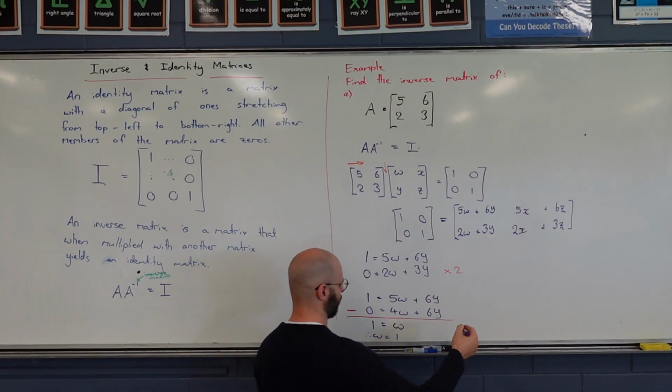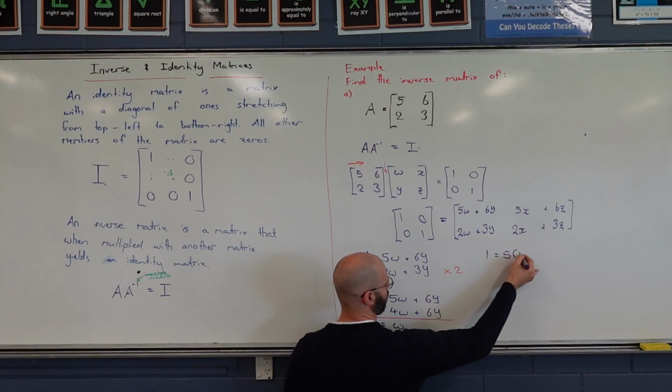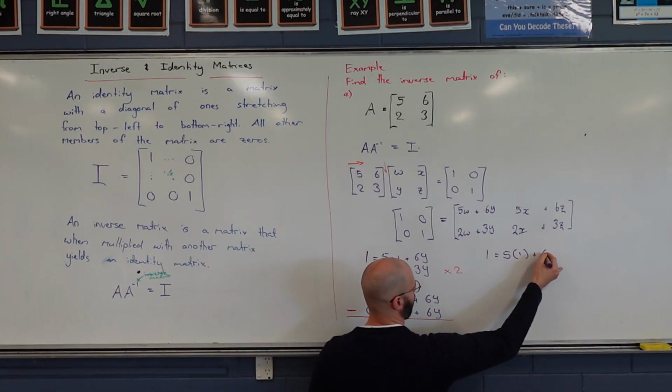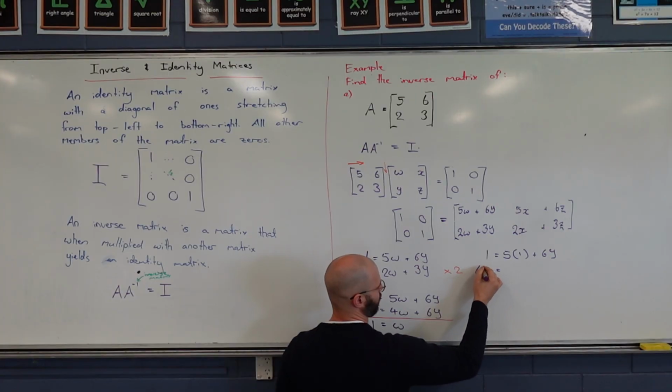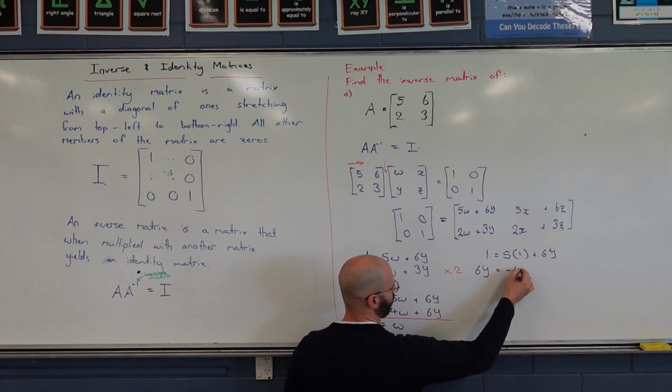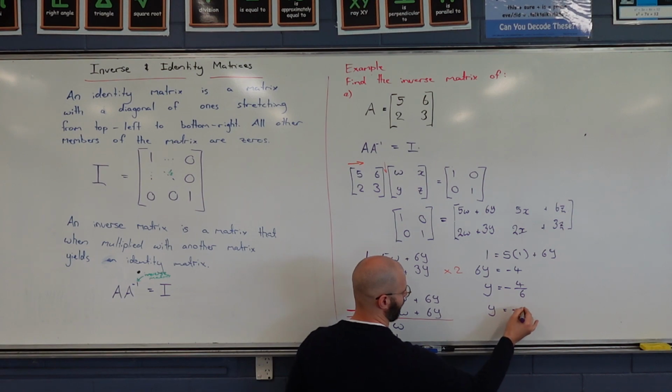And hence, 1 equals 5 times 1 plus 6Y. This is going to give us 6Y equals minus 4. Y gives us negative 4 over 6, or negative 2 over 3.